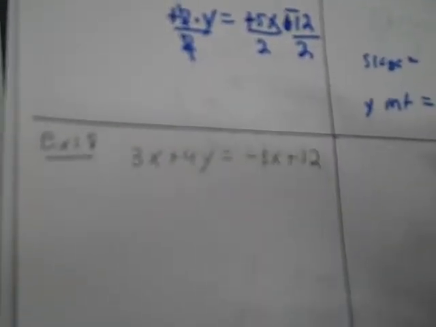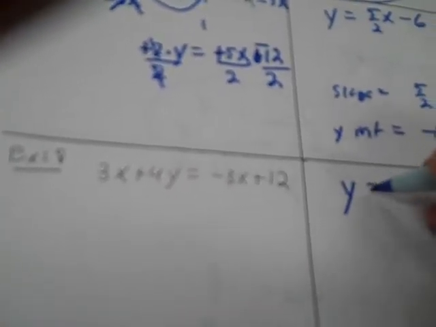Okay, example 8. 3x plus 4y equals negative 3x plus 12. We're getting the y by itself, so I can find the slope and the y-intercept. Okay, circle your y term along with its multiplier, which is 4.